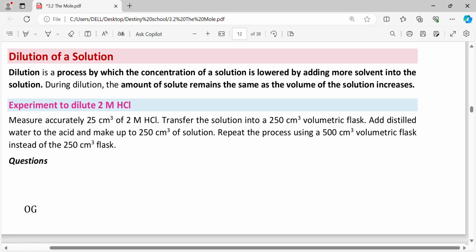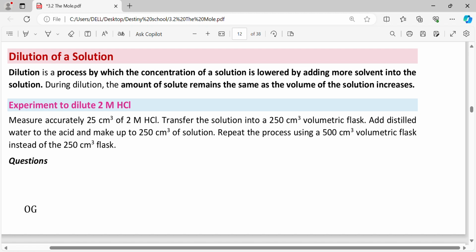Remember, the amount of sugar remains the same, because now you find that your tea is highly concentrated, and you want to lower the concentration of the solute. So you add more water to it.